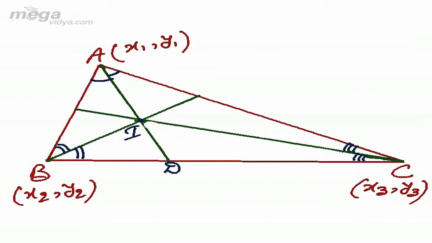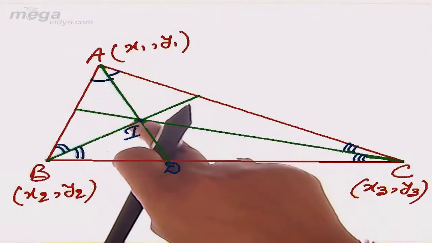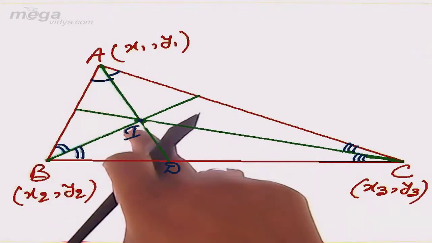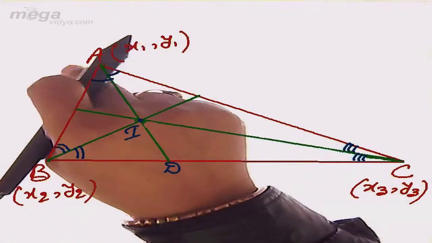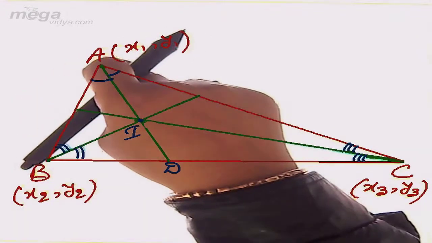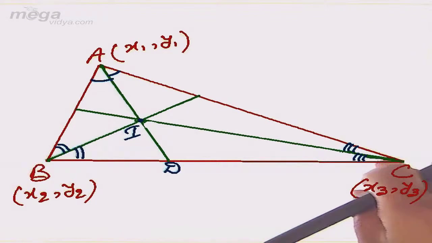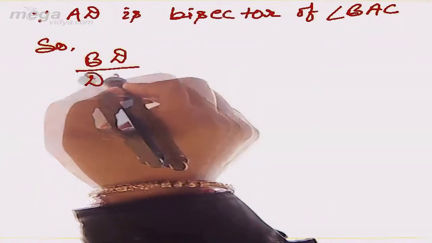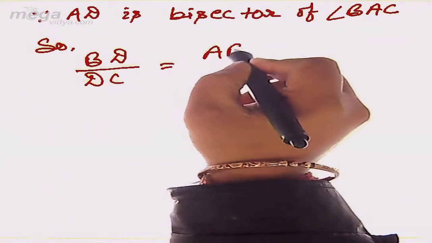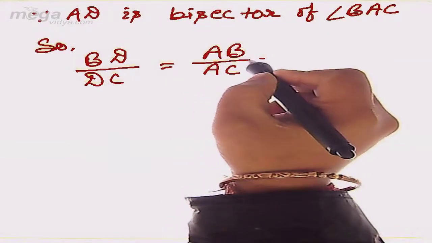Now you have to find the coordinate of I, that is the incenter. You learned that the angle bisector of any angle divides the opposite side in the ratio of the sides containing the angle. Since AD is the bisector of angle BAC, BD upon DC is the same as AB upon AC.